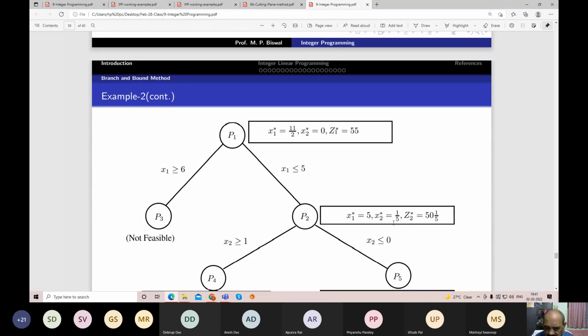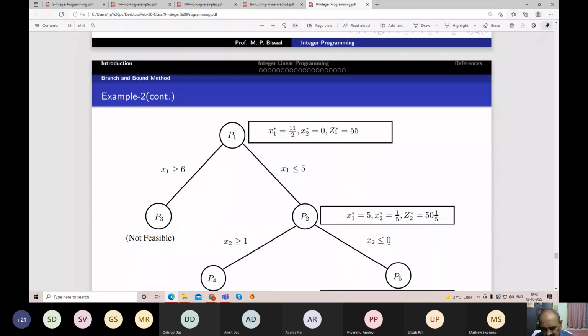Its integral part is 0. So we have x2 less than or equal to 0 and x2 greater than or equal to 1. Here we have two mutually exclusive constraints. Negative is not allowed, so x2 can go only down to 0.